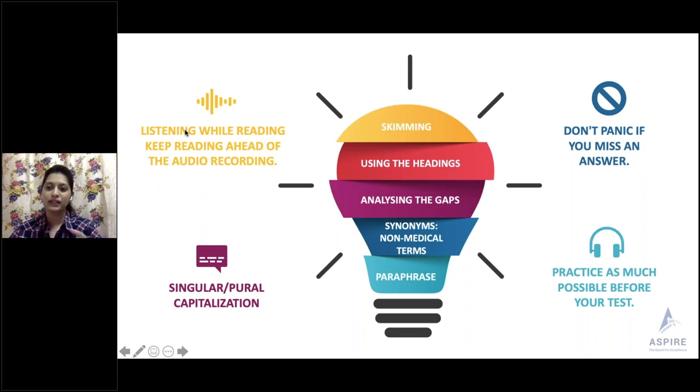Listening while reading, this is something again you pick up by practice. As you're listening, you should be able to read ahead of the audio recording. Read the question ahead, so that you're expecting the answer and you're prepared for it. When the answer is meant to be in singular form, you should write it as it is.